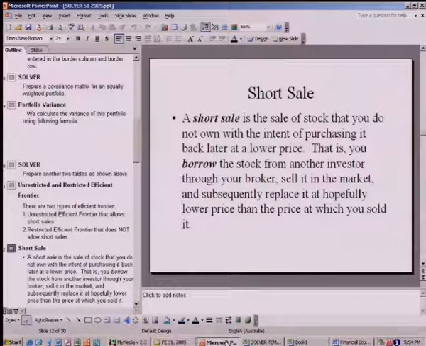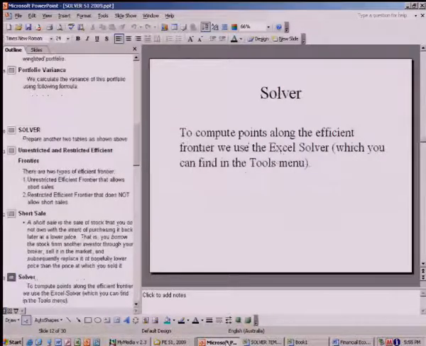The other explanation of short selling, as I said previously, is that you are borrowing somebody else's shares and using them to sell low return stocks, allowing yourself to purchase a high return stock. So that's what the short sale is, and I'm pretty sure Stephen has spoken to you about that, and if he hasn't, he will.